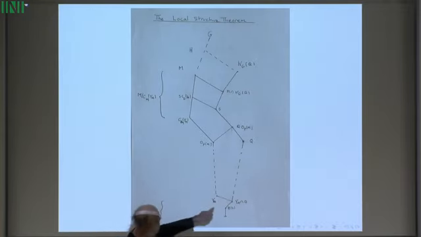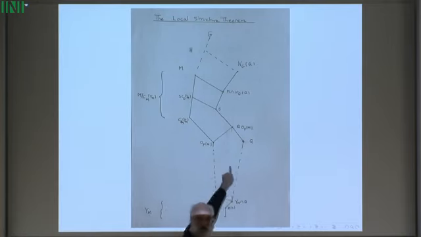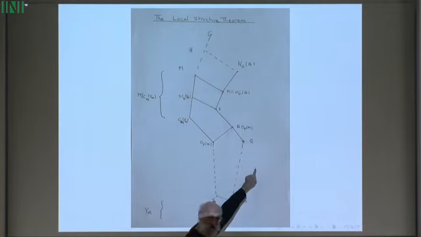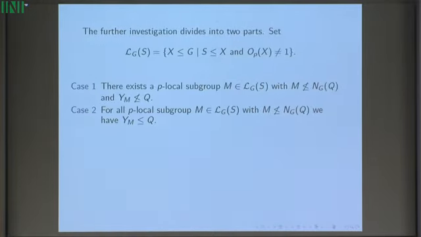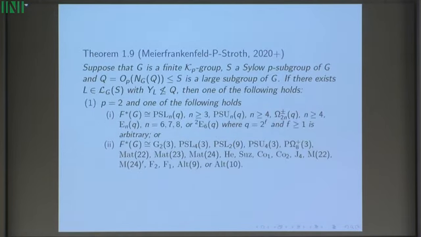Because you're taking these closures, you go YM closed over here, and you close it over here, and you close it over here, and you close it over here. This is this amalgam method. You're taking these successive closures of subgroups, one side and the other.